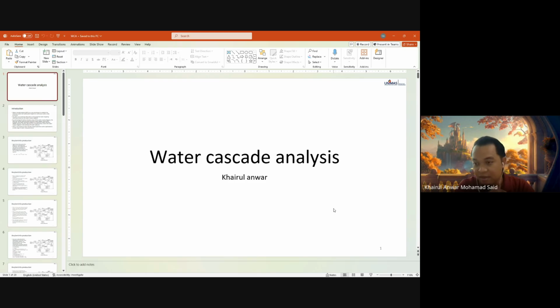Last week we had the limiting composite curve, then the water cascade analysis, the swing and demand curve. But today we're going to learn about the water cascade analysis.